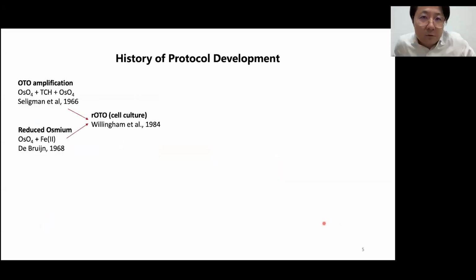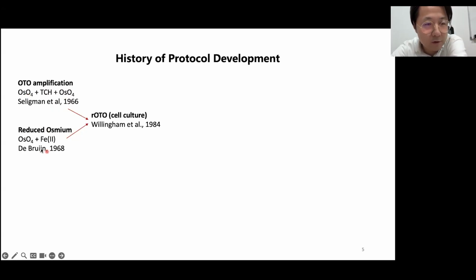Okay, so let's go through the protocol development. It is a long story. If you look back in the literature, in the early 60s, osmium amplification with TCH was developed. One round of osmium stain is followed by thiocarbohydrazide plus a second round of osmium, so that you can amplify the osmium signal by at least one-fold.